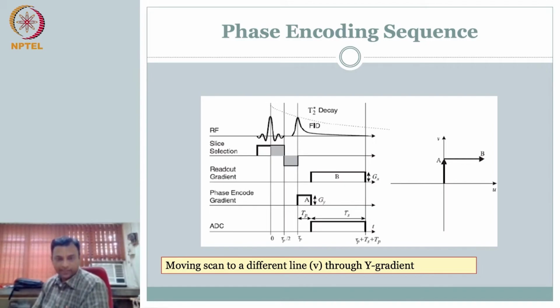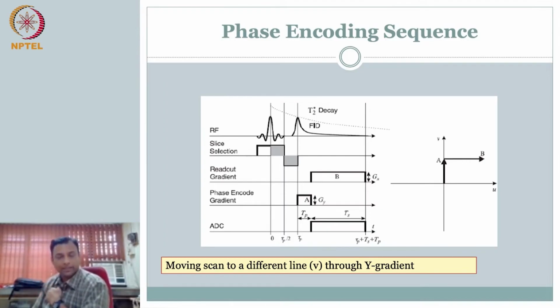Before the start of data acquisition, which we did before, we applied a gradient. Instead, we are now just before the start, applying a phase Y gradient for a short duration. When I did this, each of the phases is different.